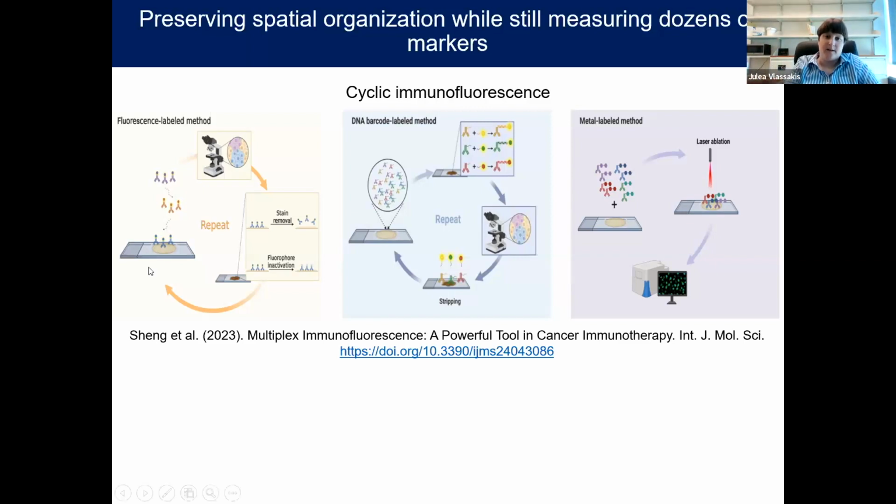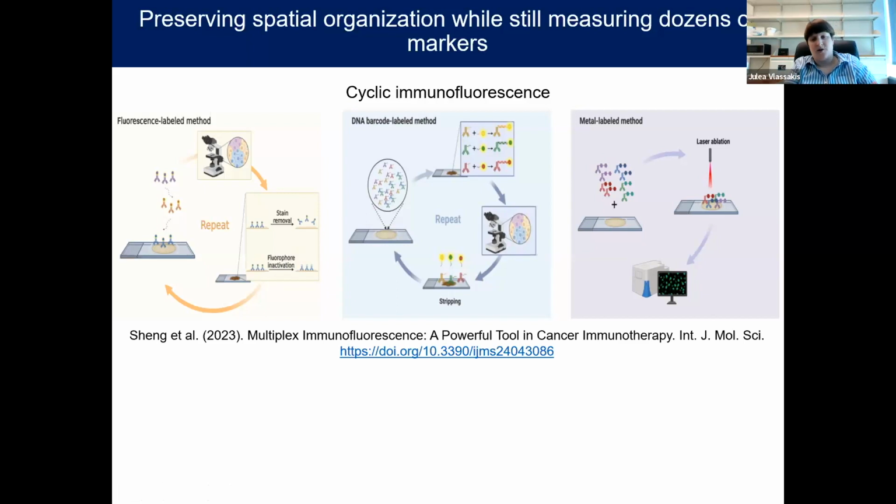There are a number of cyclic immunofluorescence type assays that have been developed. This is a nice review of many of them. I don't want to leave any techniques out, but I'm sure I will, because this is a very hot area. Essentially, the idea being that, if you have your fluorescent labeled antibodies and stain your cells or tissue of interest and go through some sort of fluorophore inactivation.